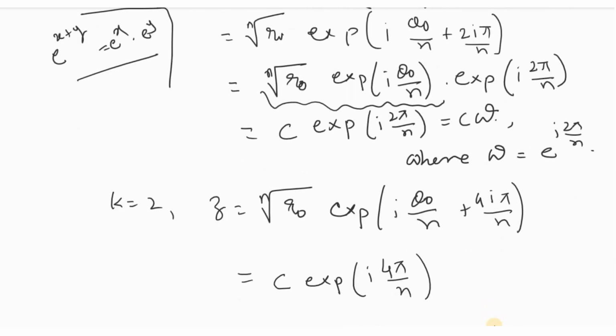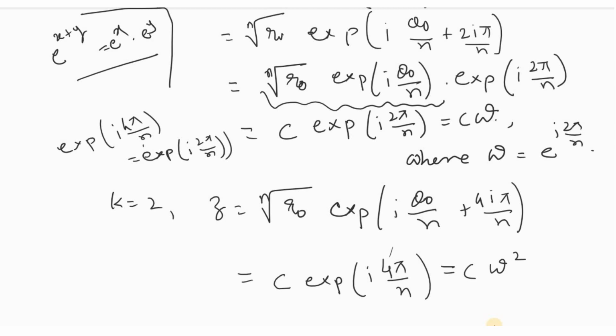That is equal to c times exponential of i 4 pi by n, and if I denote this as omega square, because exponential of i 4 pi by n I can write as exponential of i 2 pi by n whole power 2. So that is omega square, because omega that we have denoted as e power i 2 pi by n. So that is omega.